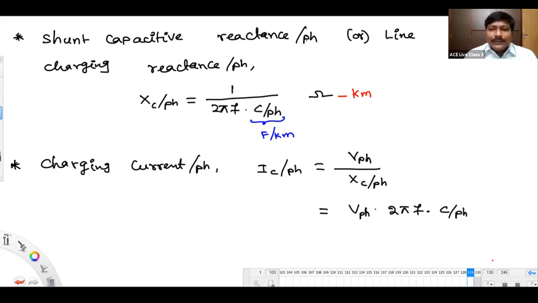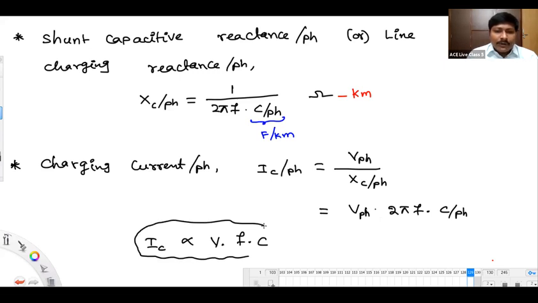From this you will come to know that the charging current is proportional to voltage, frequency and capacitance. Voltage, frequency, capacitance. Okay, done.